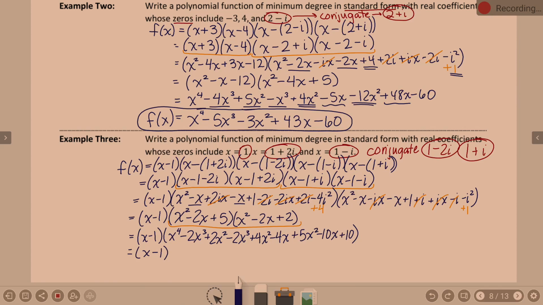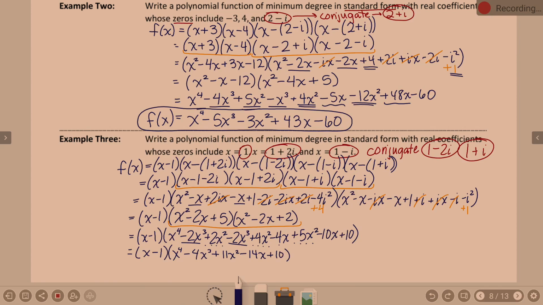What do we have? x to the fourth, minus 2x cubed and minus 2x cubed. I see minus 4x cubed. 2x squared plus 4x squared plus 5x squared. 11x squared maybe. Negative 4x and negative 10x is minus 14x plus 10.